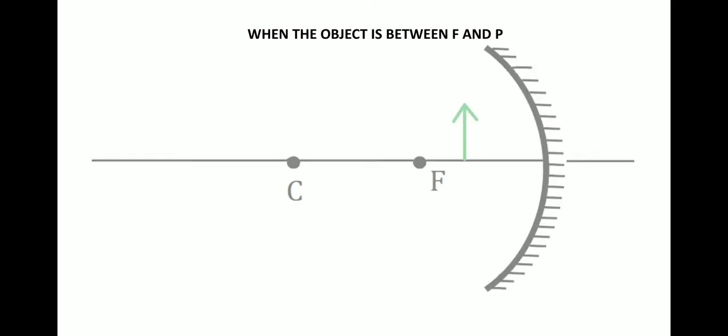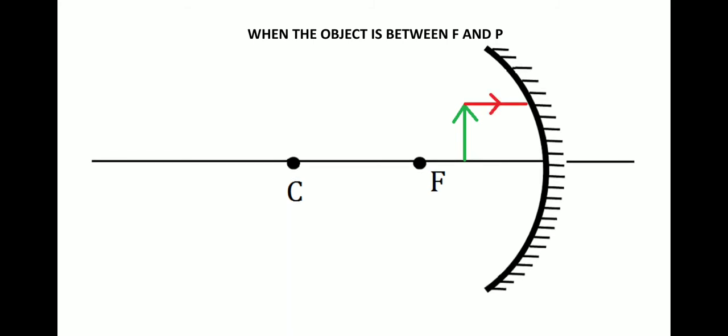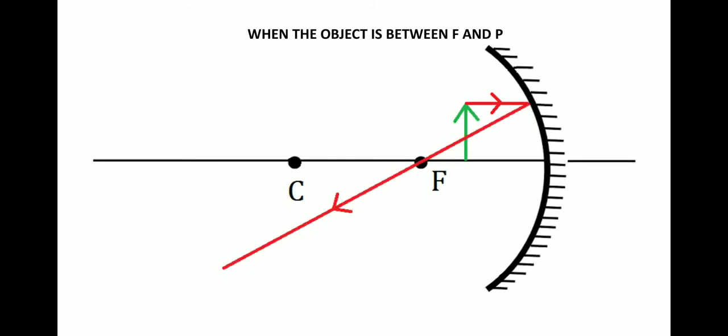Next, when the object is between the focus and the pole, now the object is moving even closer to the mirror. Again, let's take a parallel beam of light parallel to the principal axis, and it again passes through the focus. Another beam of light that we'll take over here will be passing through the center of curvature, not towards the mirror but away from the mirror.